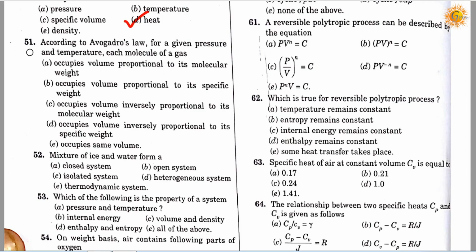Question number 51. According to Avogadro's law, for a given pressure and temperature, each molecule of a gas: option A, occupies volume proportional to its molecular weight; option B, occupies volume proportional to its specific weight; option C, occupies volume inversely proportional to its molecular weight; option D, occupies volume inversely proportional to its specific weight; and option E, occupies the same volume.